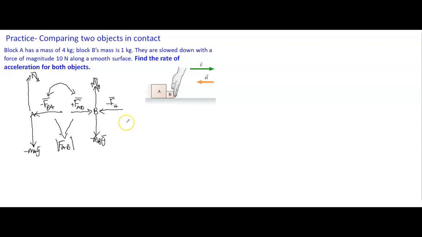So in this case, let's just sum the forces up in the x direction for object A and object B. Let's do that right now. So sum the forces up for object A and B in the x direction. Go ahead and pause the video and do that now.